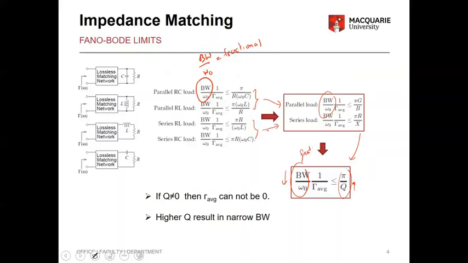So if Q is not equal to 0, that means you will always get some sort of reflection, therefore tau average, which is the reflection coefficient. So tau average is actually the reflection coefficient over the band. The average value of the reflection coefficient over the band cannot be 0. So for example, if you think about Q being 0, this goes to infinity, right? Now Q being 0 means it's purely resistive.